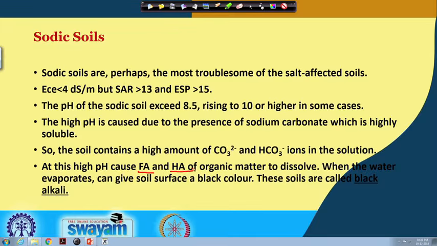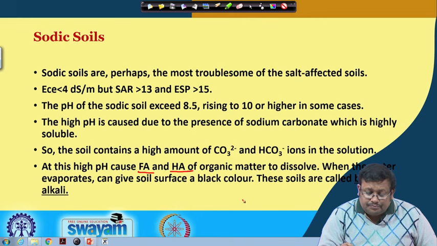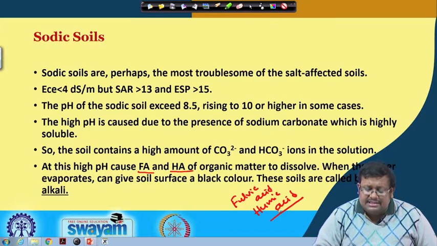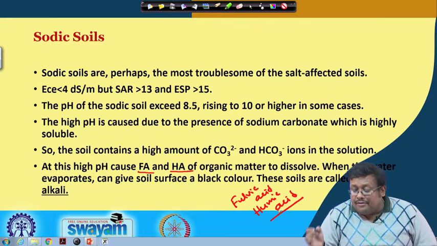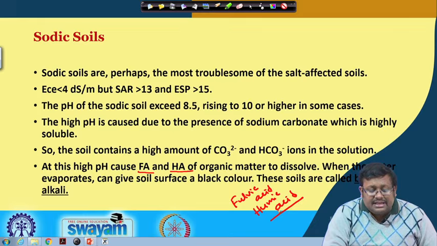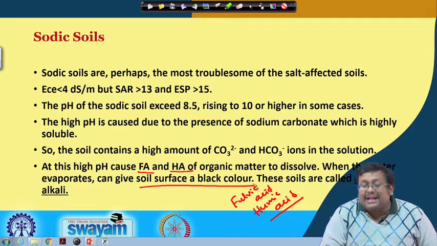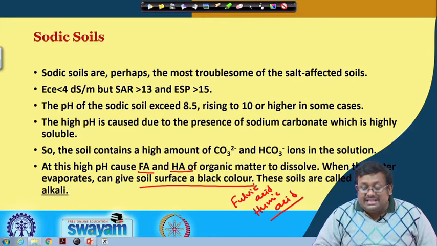For the time being, you remember that fulvic acid and humic acid, these two, at high pH will dissolve, and when the water evaporates, it can give the soil surface a black color, because humus is by nature black in color.